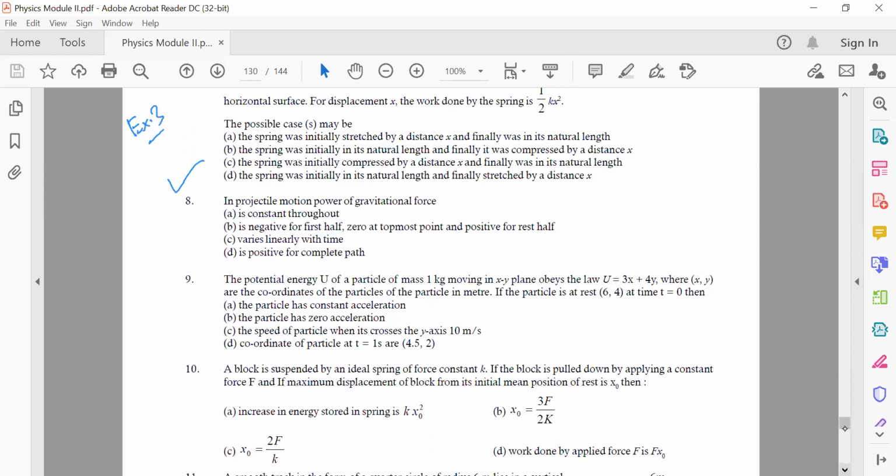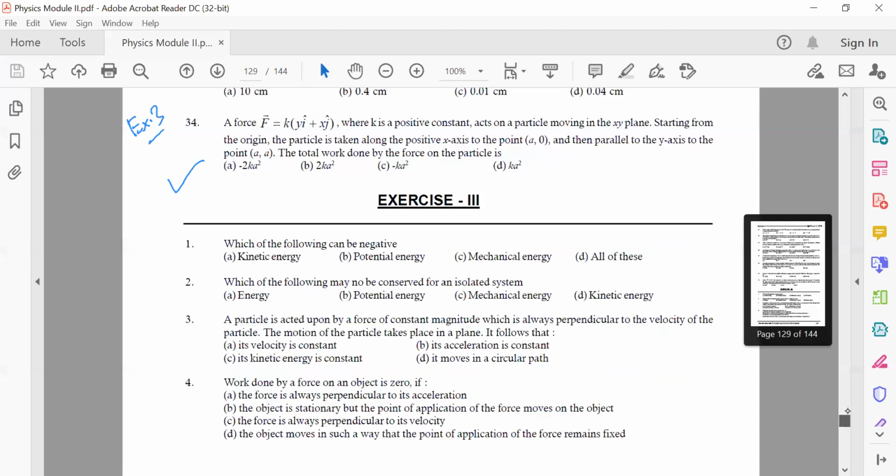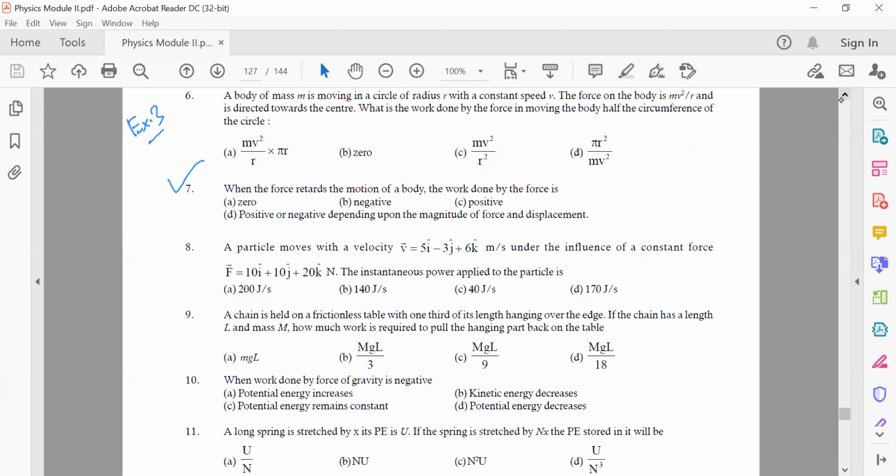Yeah, page 127. Question number 5 on page 127.